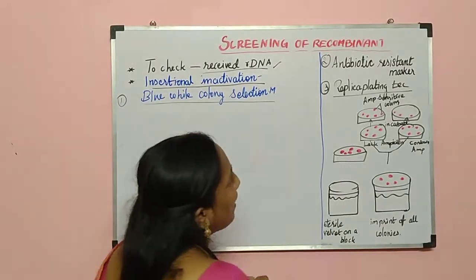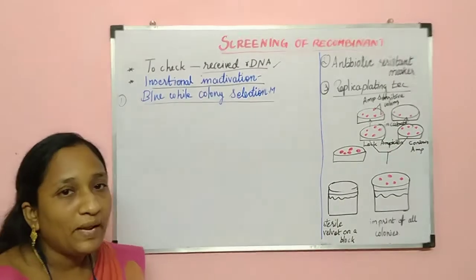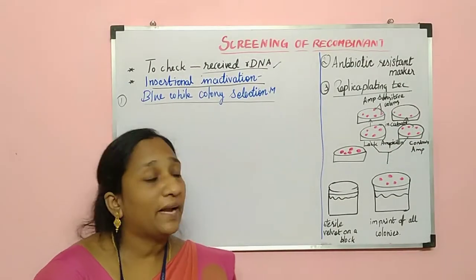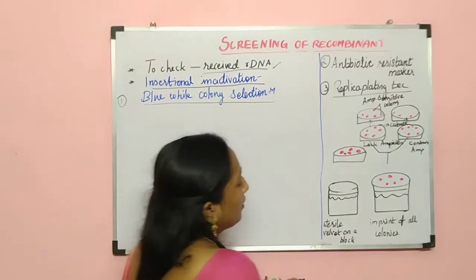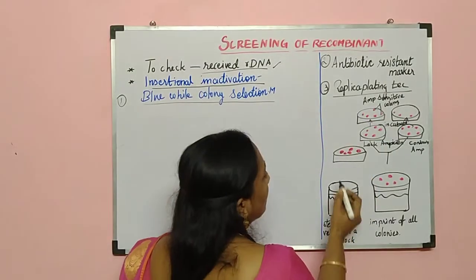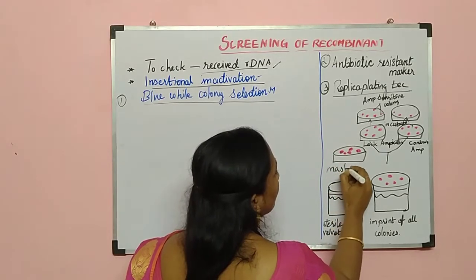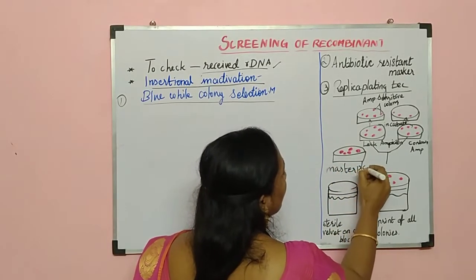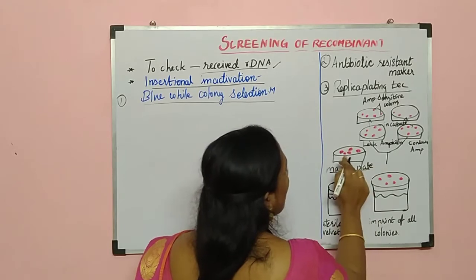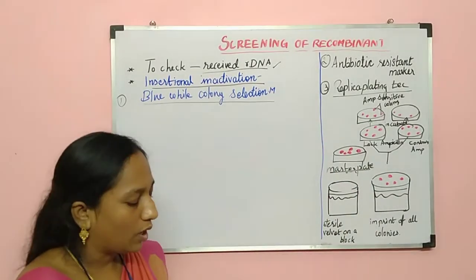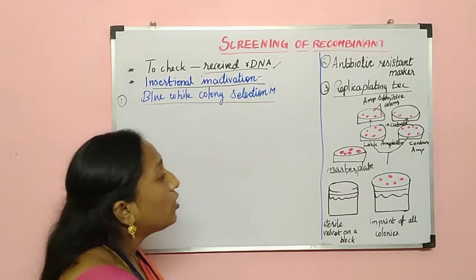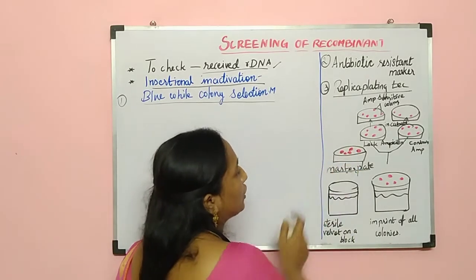is the replica plating technique. What is it? Replica plating technique. In this technique, first this is a master plate. Only on this master plate are we growing the colony. So the bacterial colony is grown here.